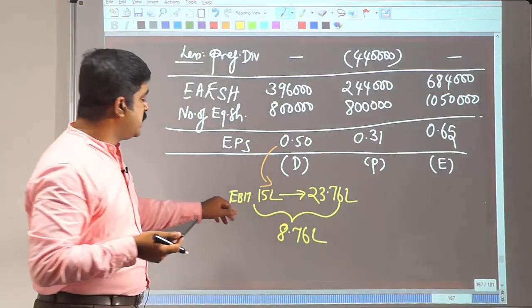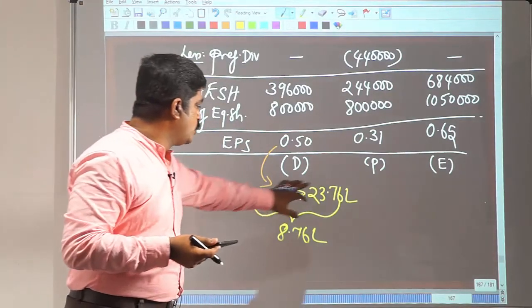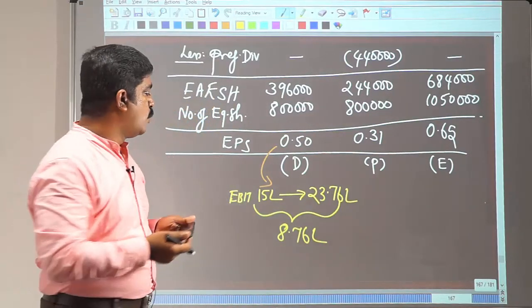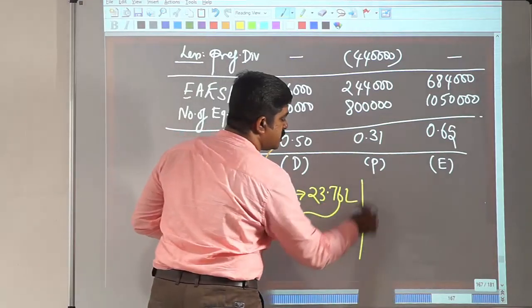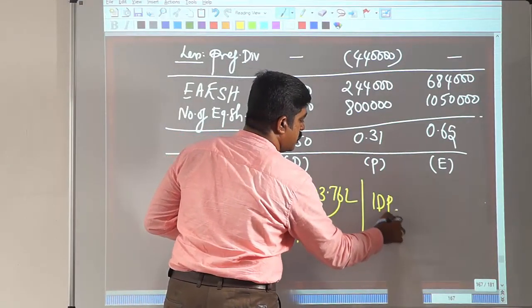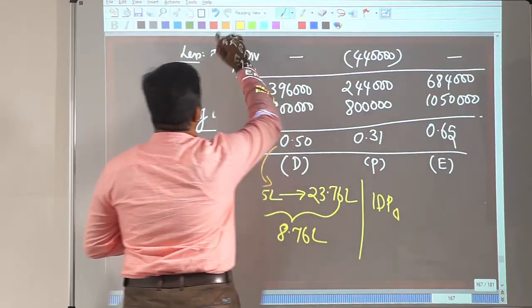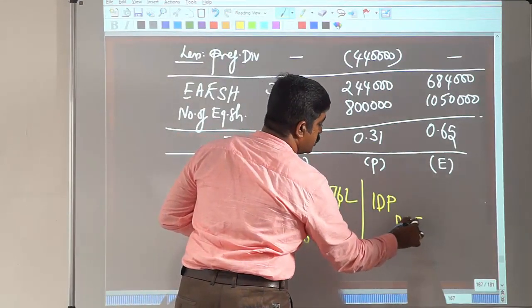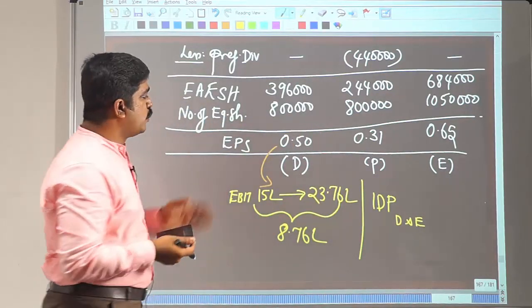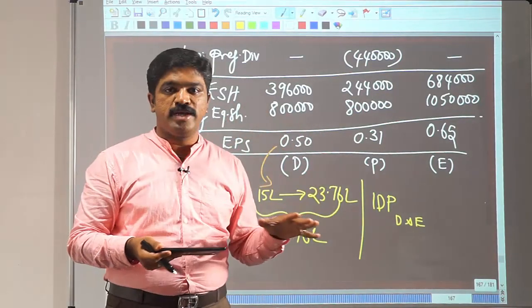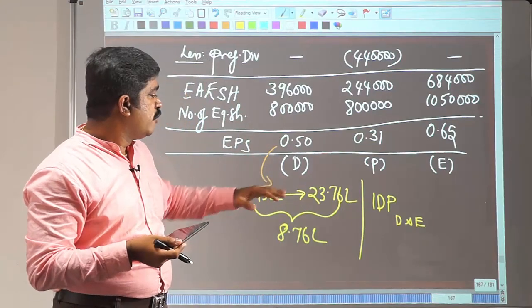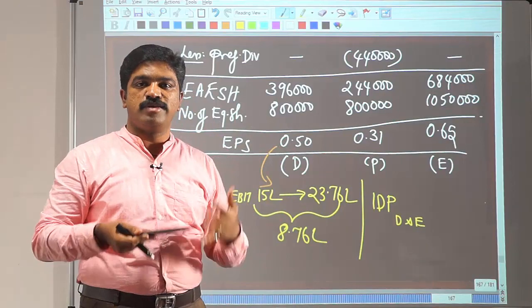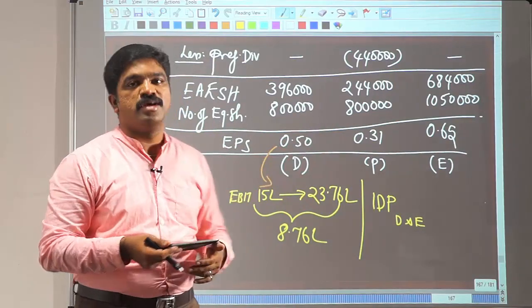If EBIT can increase by 8,76,000, it will reach the indifference point between debt and equity. At that level, you will become indifferent between debt and equity, and what is most important is that from that level onwards your debt option will become the best option when compared with the equity option.